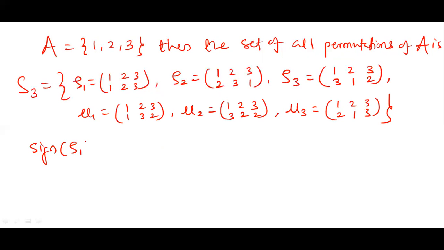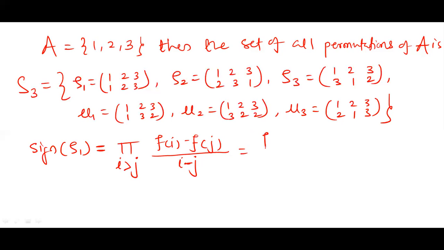Signature of rho 1 is equal to product of all I greater than j, f of I minus f of j divided by I minus j. It is equal to, if you take j is equal to 1, we have choices for I as 2 and 3.